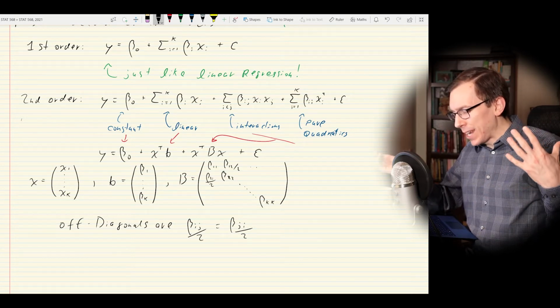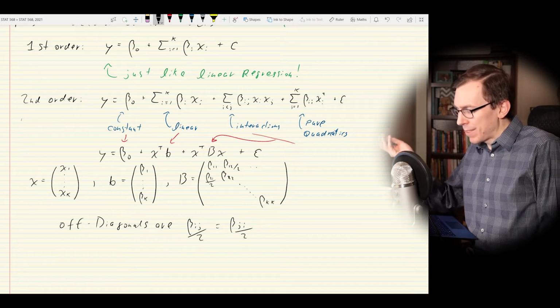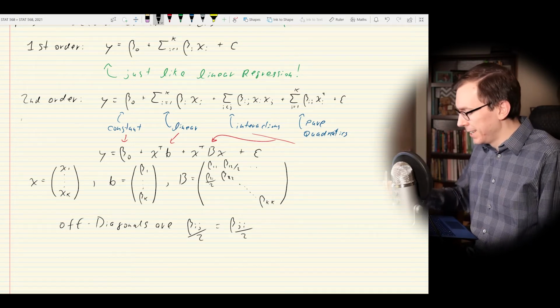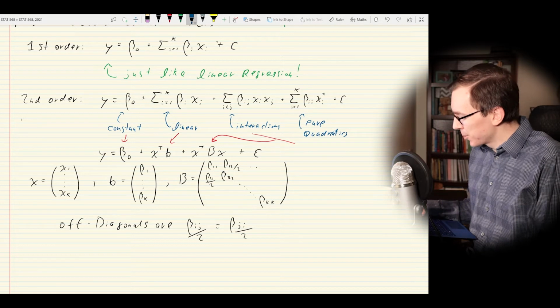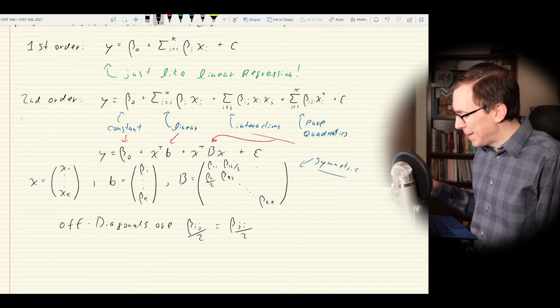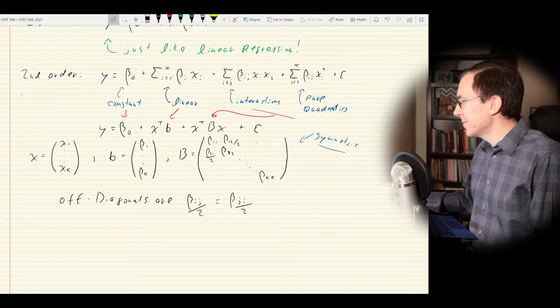And just for notational convenience, we'll assume that if I flip the indices, I get the same thing, just so I can write this out as a big matrix, a symmetric matrix, by the way, which is always a good thing to have. Thanks to the spectral theorem and many other reasons why symmetric matrices are just fun and pleasant to work with.